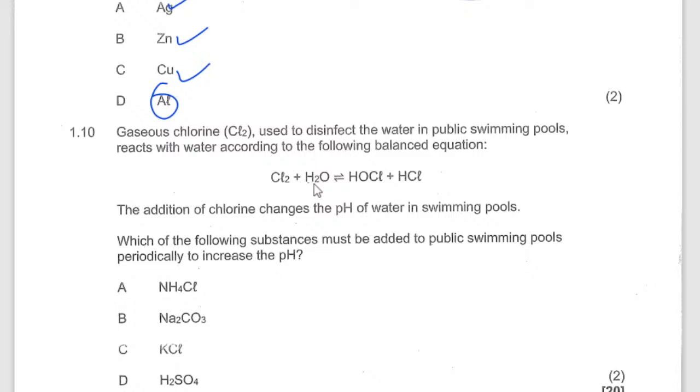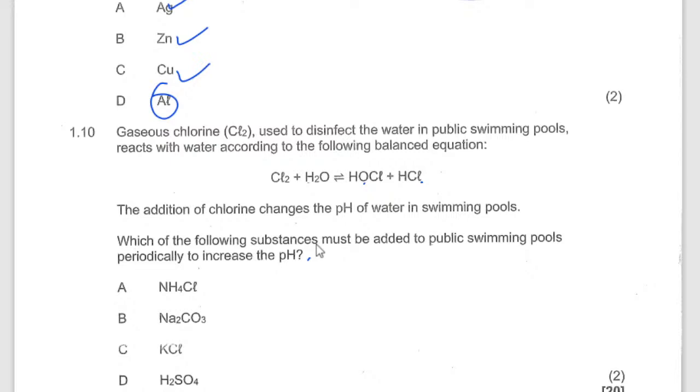Basically, you have chlorine plus water giving you hypochlorous acid plus hydrochloric acid. Which of the following substances must be added to the public swimming pool periodically to increase the pH? Meaning to reduce the acidity of this.